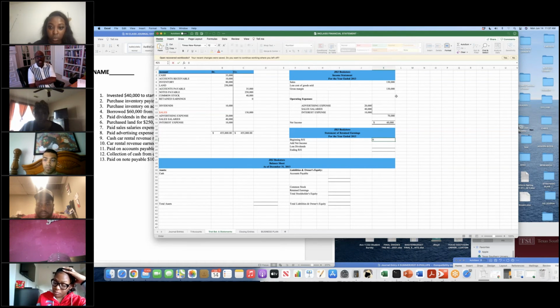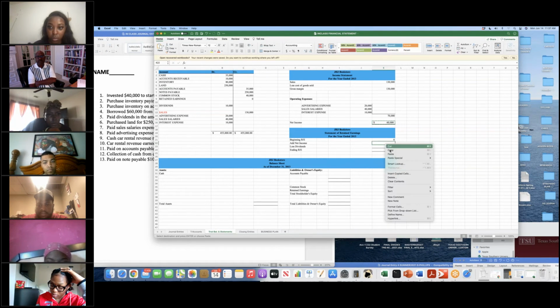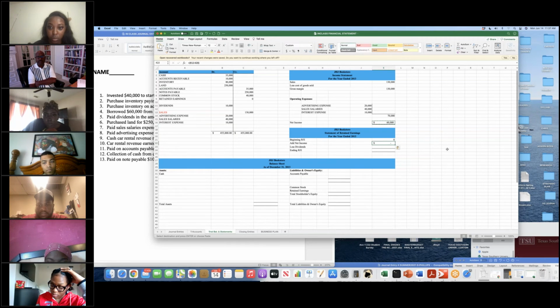So this is the income. Now we're trying to determine how much we kept in the business. So the net income, whatever we have here, we can copy it and paste it right here. Not pasting, so some formula must be in here.